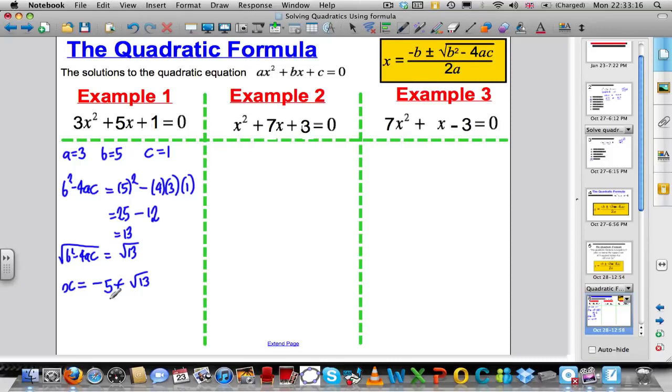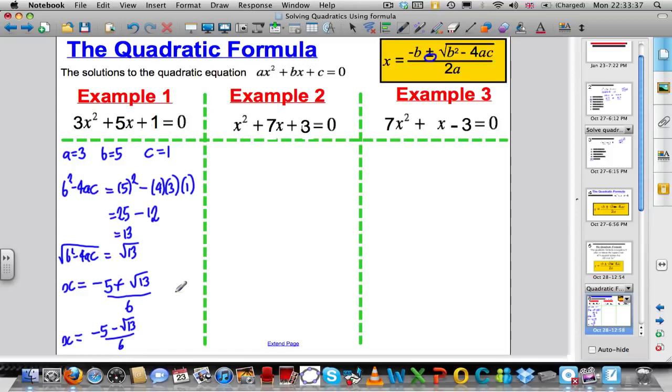Well, a is 3, so that is all divided by 6. What's my other answer? Well, it's almost the same, but you've got your minus 5. This time you take the negative square root, so you have minus 5 minus the square root of 13, all over 6.